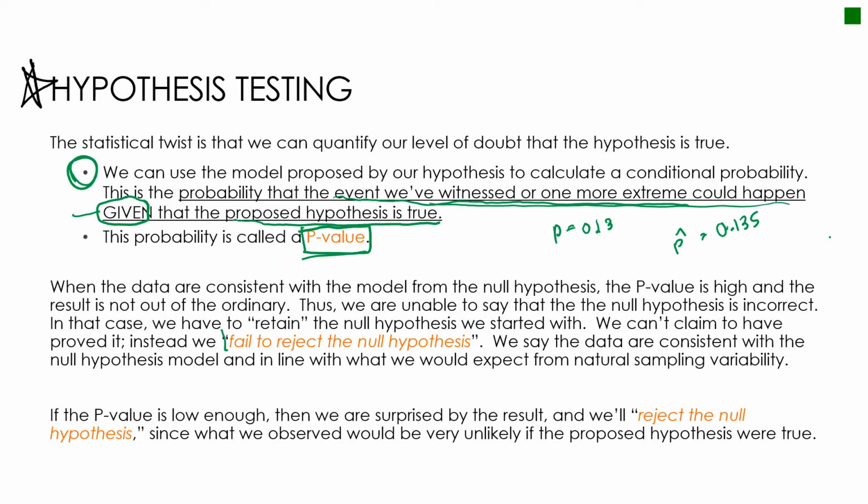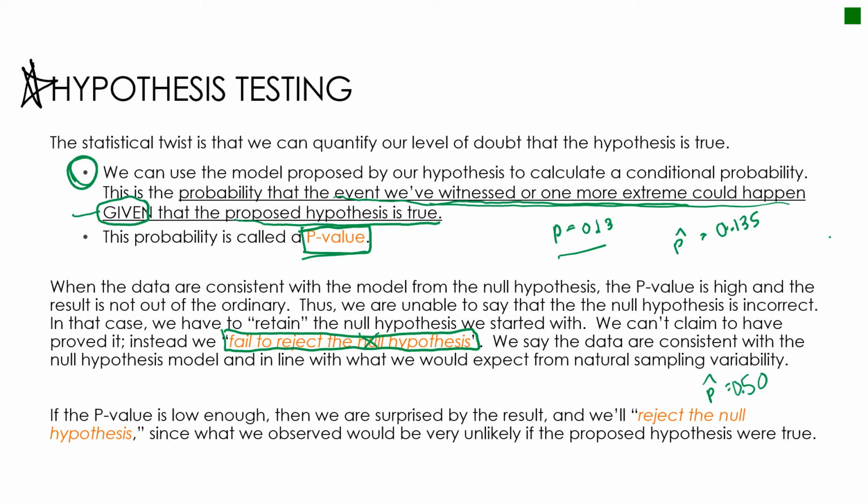I'm basically saying I don't have enough to say it's not correct, and so I'm going to fail to reject the null. Don't worry about the word null; we'll talk about that in a little bit. Basically, I'm going to fail to reject that the hypothesis is 0.13, which essentially is me saying, I think that hypothesis is probably right.